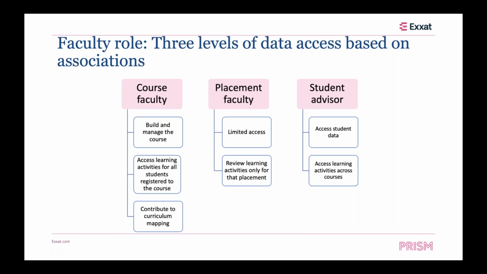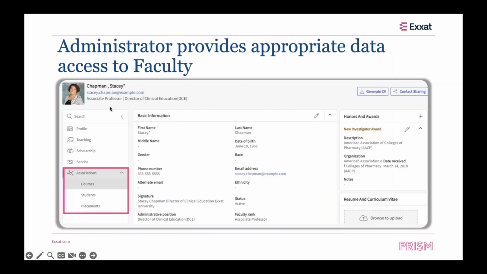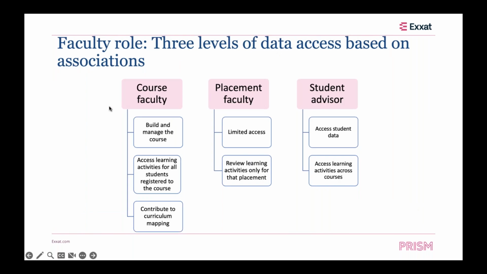And when Dr. Bhave logs in using their account, they'll be able to see that under their courses, and they will have full control over that course, over student registration, over the learning activity setup of that course, all of that. So as a course faculty, the faculty is able to build and manage the course.